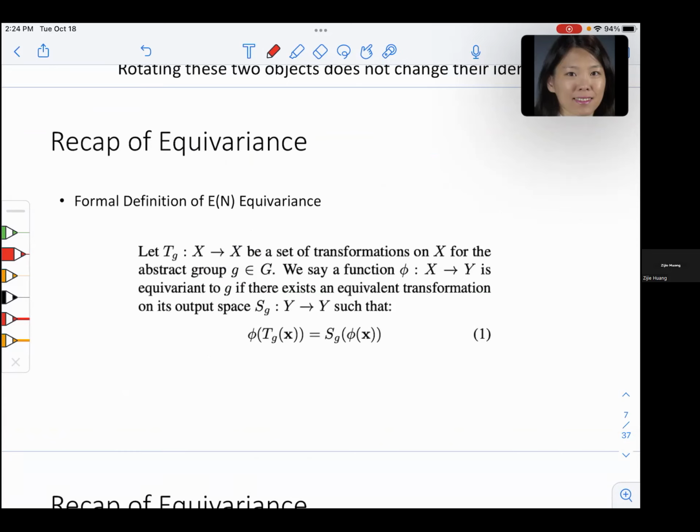Let T_G be a set of transformations on the input X. We say a function phi is equivariant to G if there exists an equivalent transformation on its output space such that when we first transform the input using T_G and then apply the function, the result is equal to first applying the function to the original input and then transforming the output using its equivalent transformation, for example, the same rotation or translation.